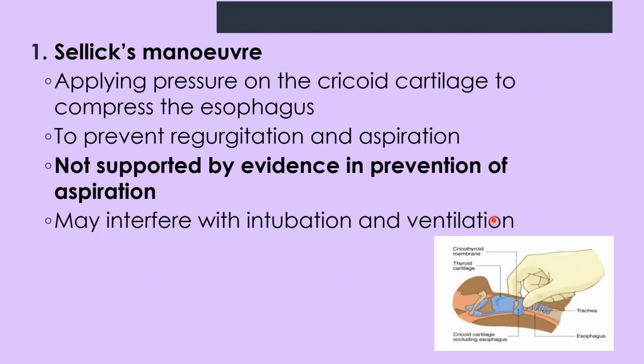Sebab apa? Dia betul ke dia compress esophagus? Tak supported by evidence. So actually tak buat kan? Sebab apa? Sebab esophagus tu bukan kat bawah. Sebab tu anatomy kena tahu. Esophagus sebenarnya kat mana? Sebelah.